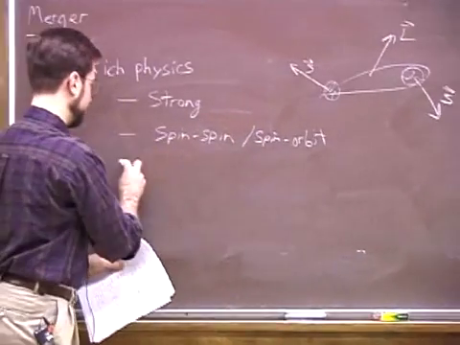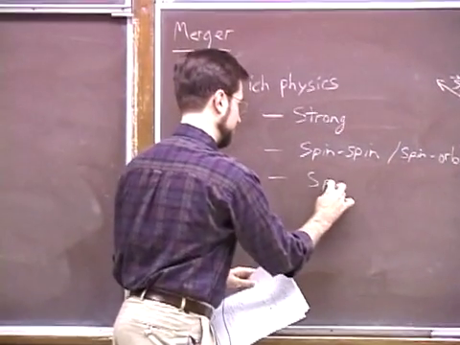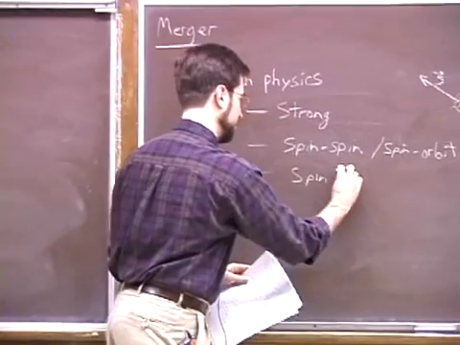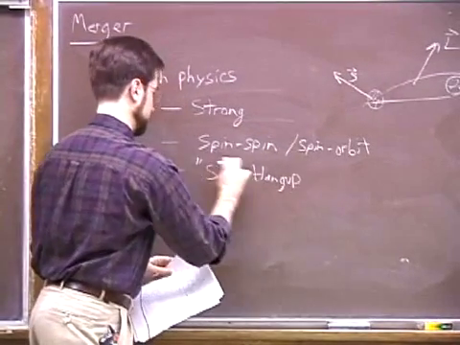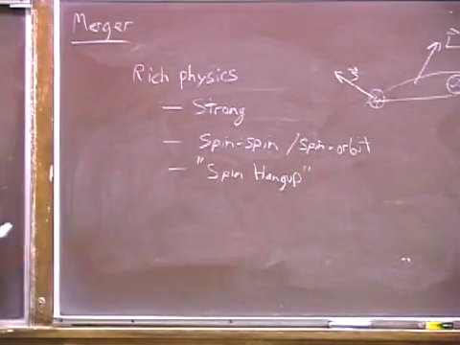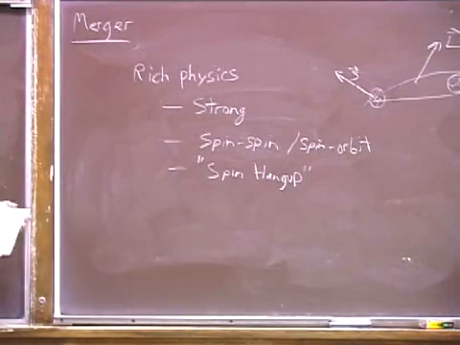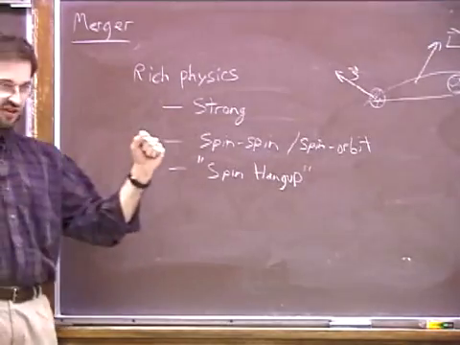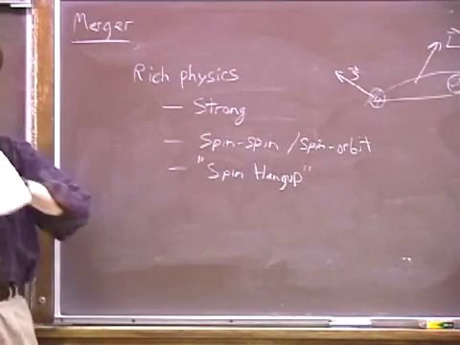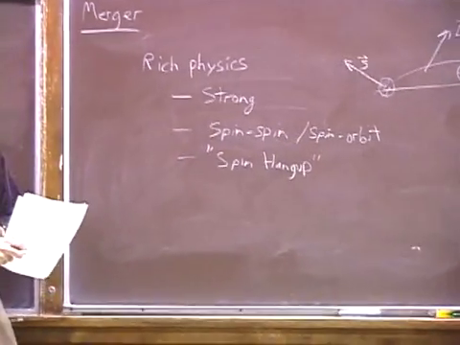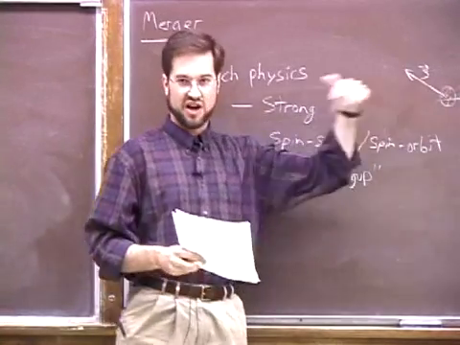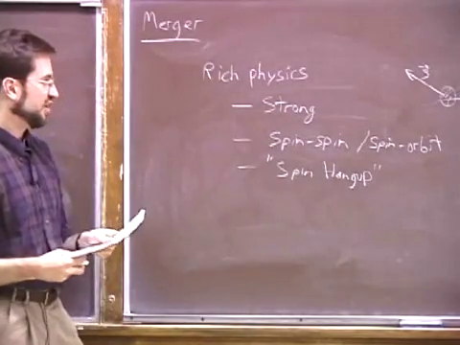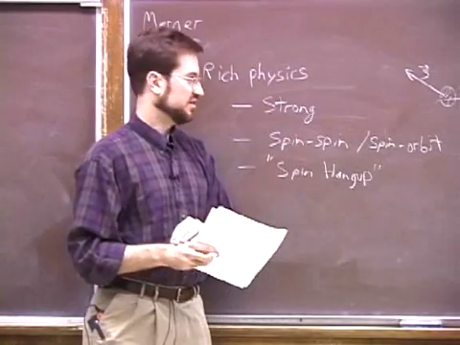Another thing that's related to this, maybe I'll call it spin hang-up, or centrifugal hang-up, and that is sometimes you might imagine that the two black holes would come together and merge very quickly. However, that might not happen depending on what these spins are and how they're aligned, what directions they're in compared to the orbital angular momentum.